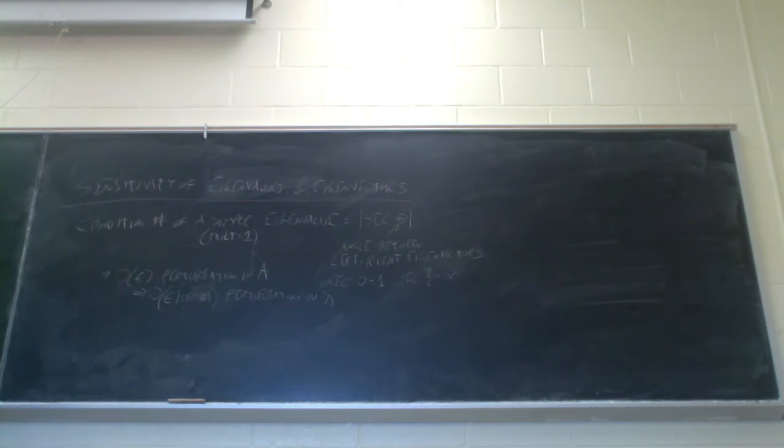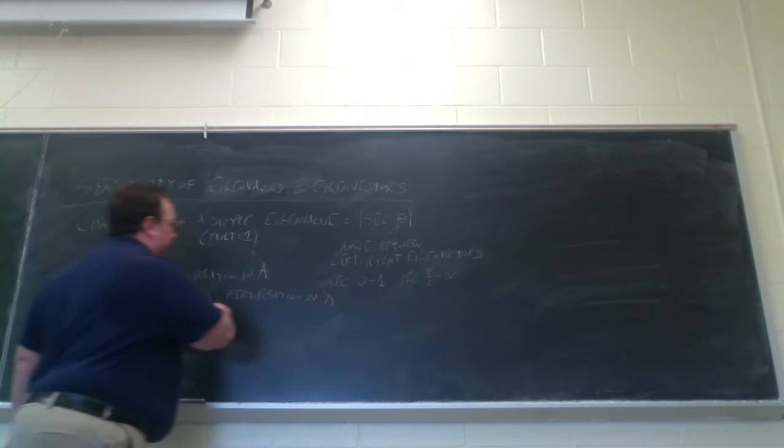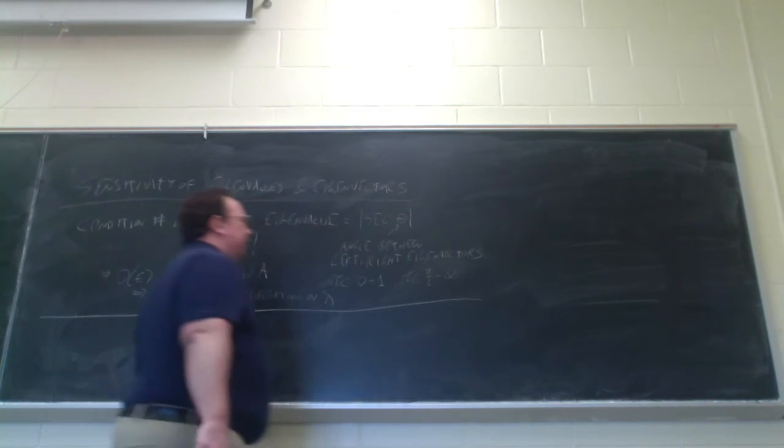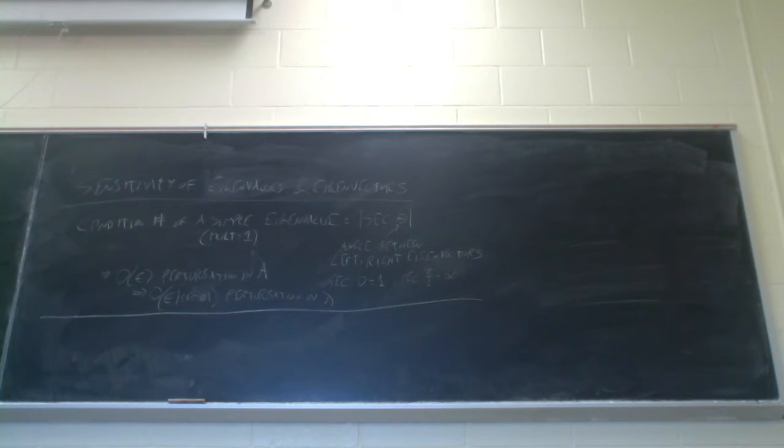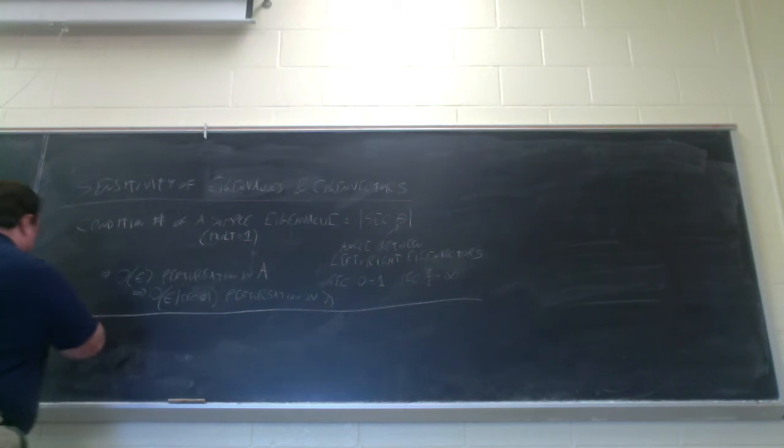So if the eigenvalue is badly conditioned, a tiny change in A could cause a very large change in the eigenvalue. Now that's the case where the eigenvalue is simple, multiplicity 1. It's a very different picture when we have repeated eigenvalues. I'll say a little bit about that.